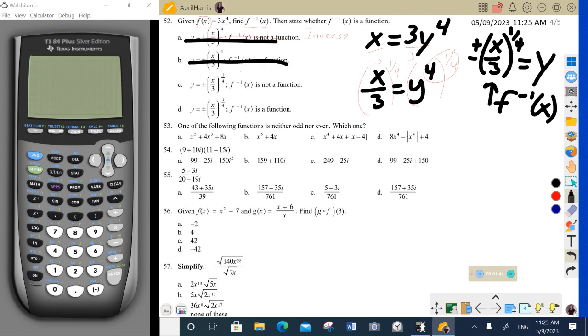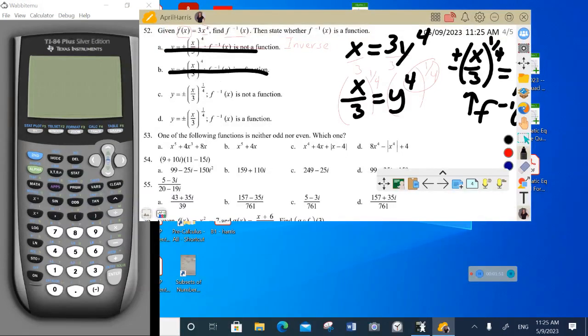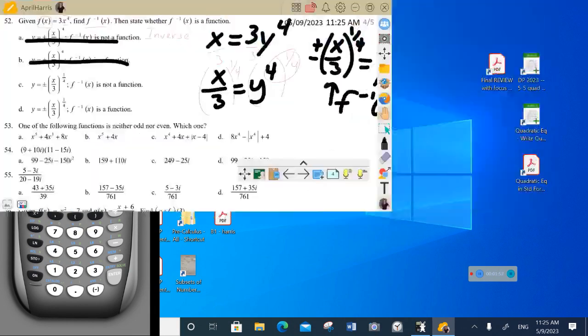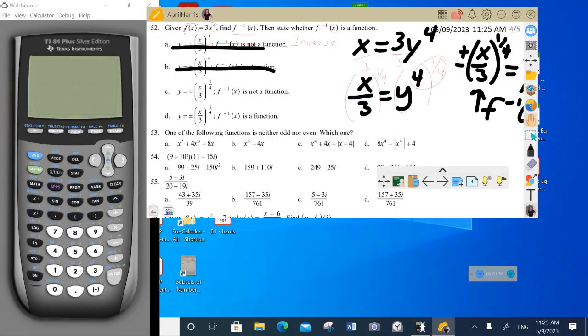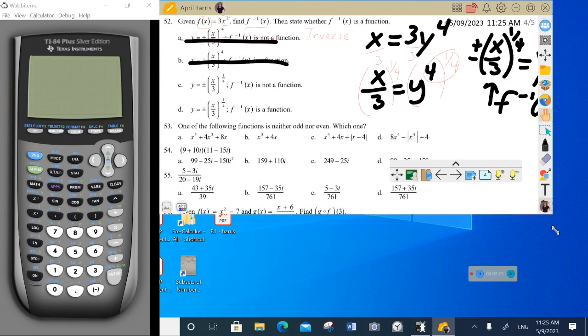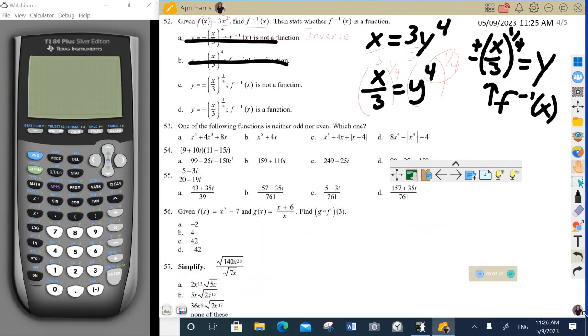Now it wants to know if the inverse is a function or not a function. We're actually going to graph the original function on the y equals screen, and we're going to do something called the horizontal line test on it.